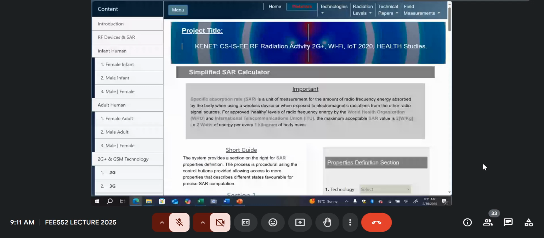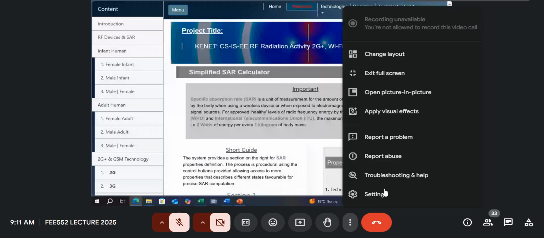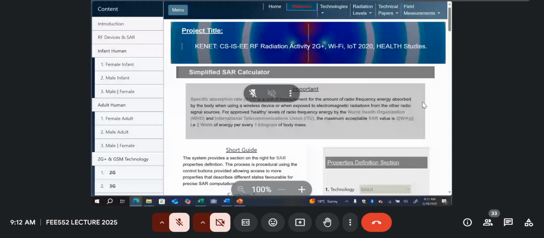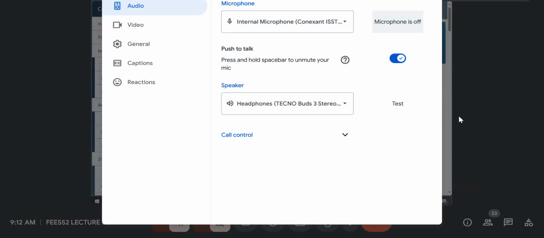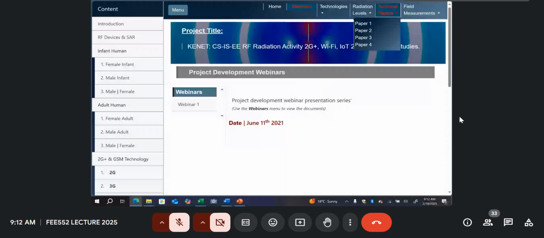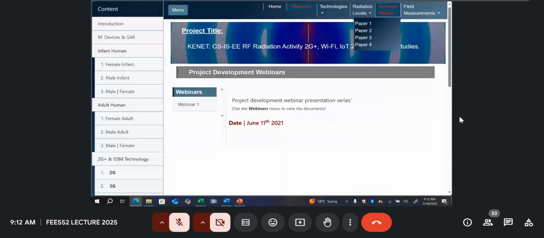This was basically during the COVID period. Papers there. Some were considering how does 3G affect, and what are the power classes within 3G that affect these SAR levels. So you can look at paper 1, paper 2, paper 3, and paper 4.